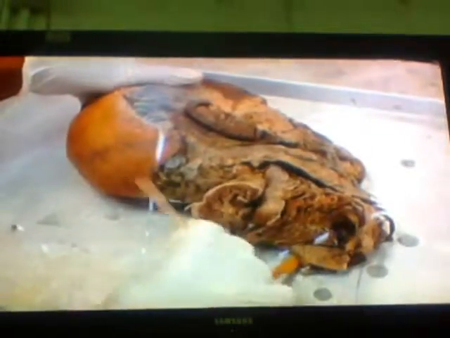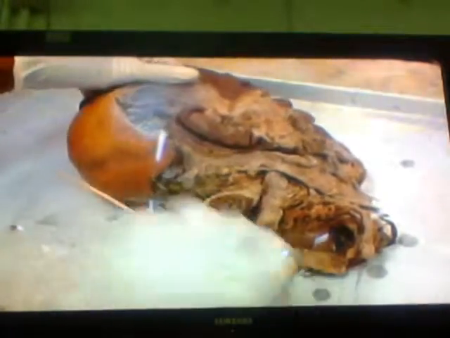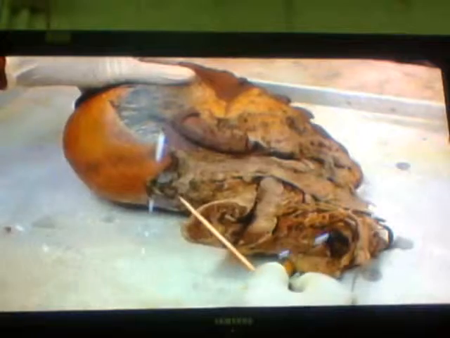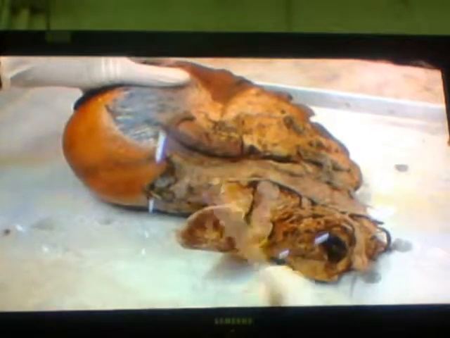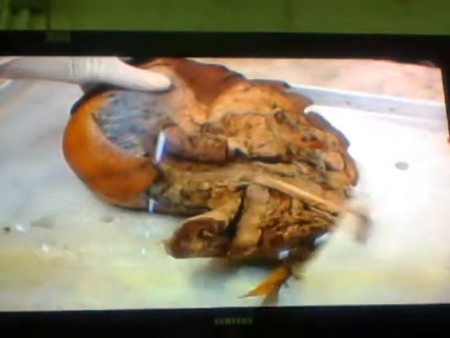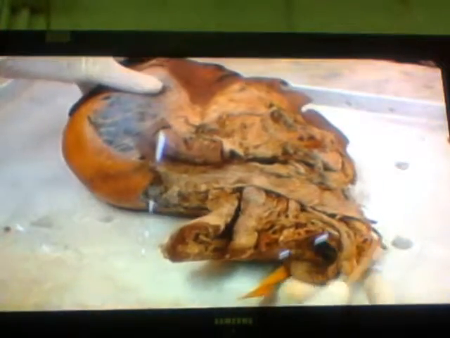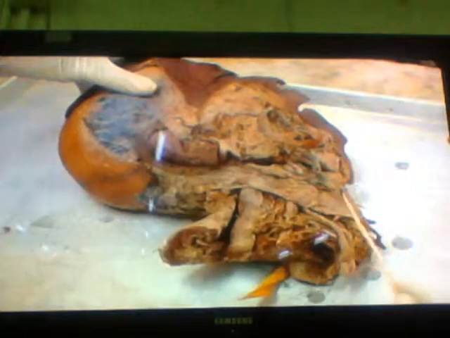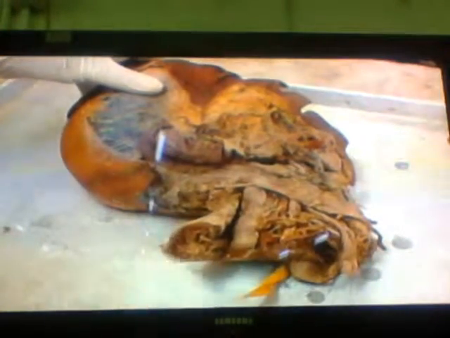The triangles will use the midline as one of their sides. So for example, for the posterior triangle, we are going to use the sternocleidomastoid. We will use the clavicle inferiorly, and superiorly we'll also use the midline.